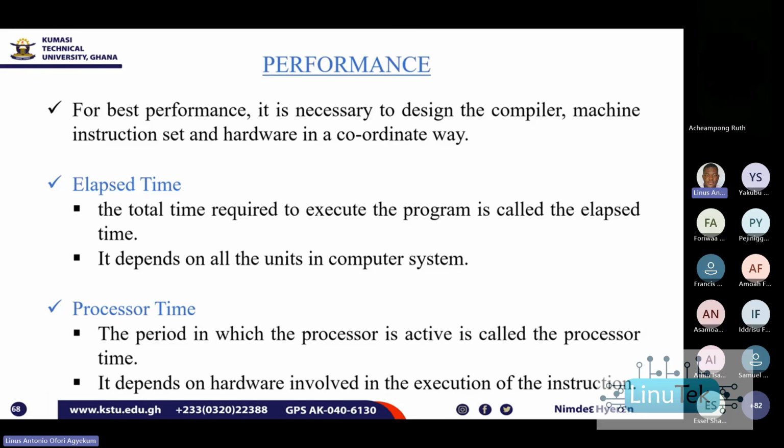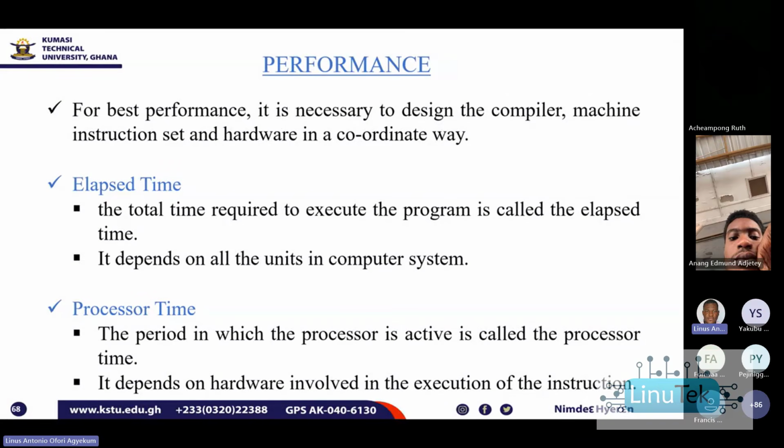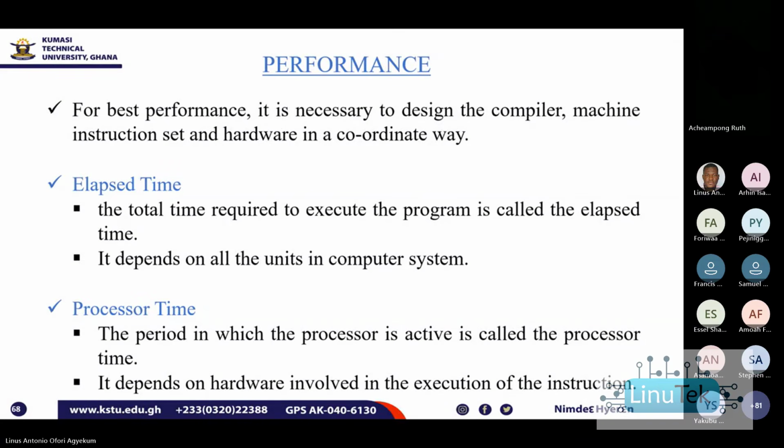So if we want to measure the performance of a system, one way of doing that is by checking the total time required to execute a program. That is what we term the elapsed time. So the elapsed time is one measure of assessing the performance of a computer system.